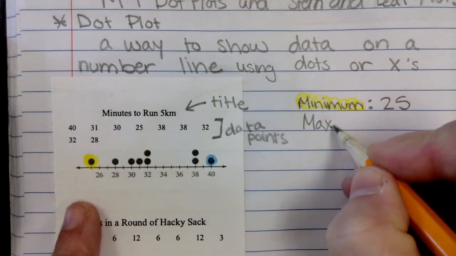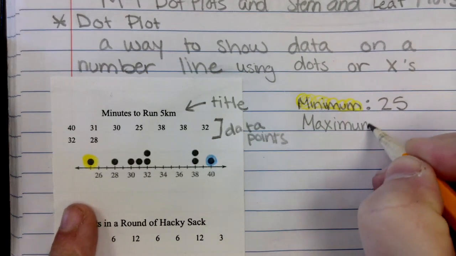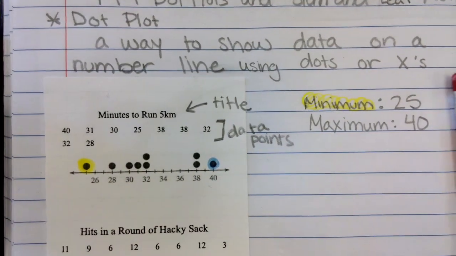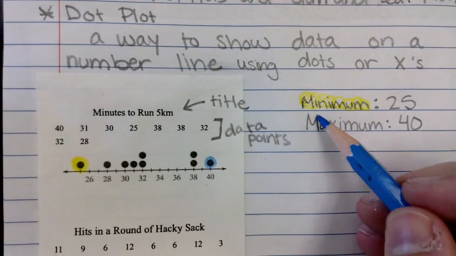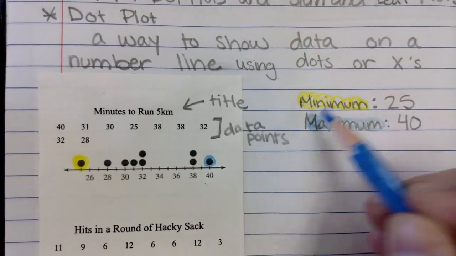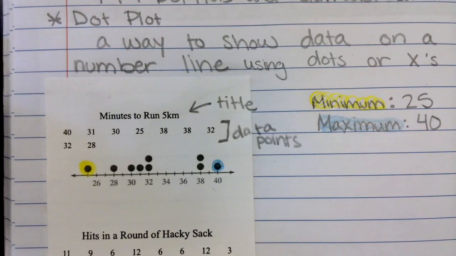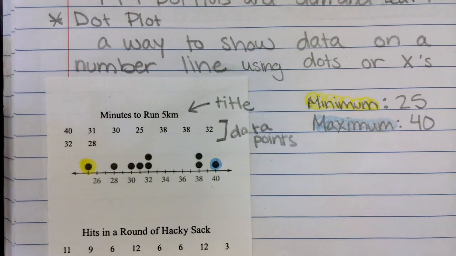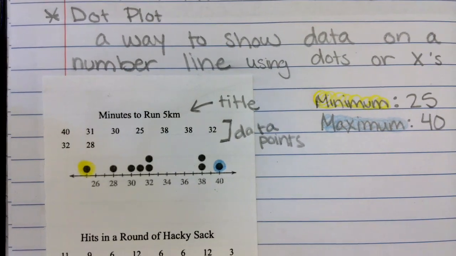So what would be an easy thing to find using our minimum and our maximum? Median would be like finding the middle. What measure do we find with minimum and maximum? The range. So range is easy to find, and in this one, if you're planning a race, you might want to know what is the range.